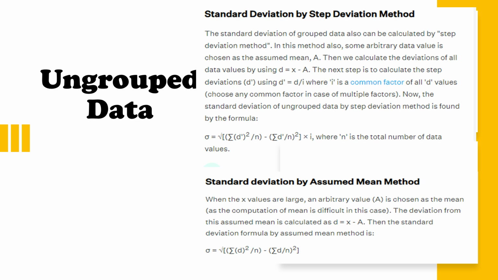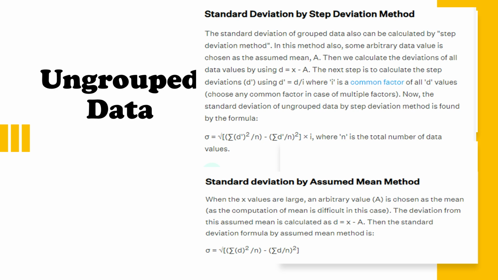Now the standard deviation of ungrouped data by the step deviation method is found by the formula: the square root of the summation of all d squared divided by n, minus the summation of d divided by n, squared, where n is the total number of data values. Standard deviation by the assumed mean method.